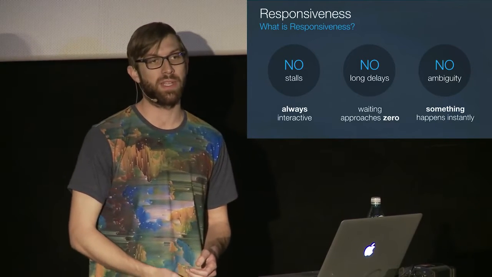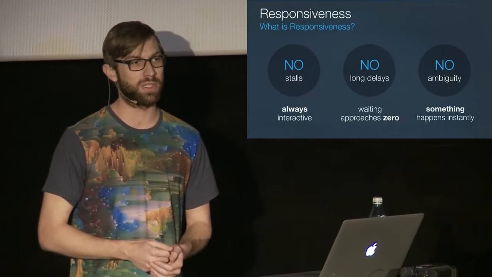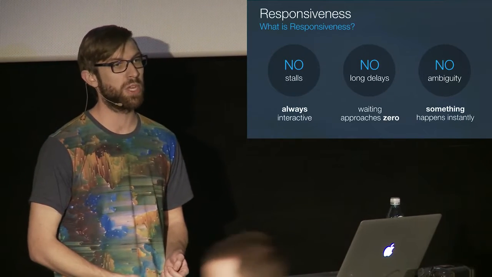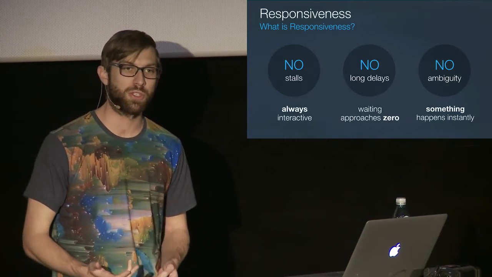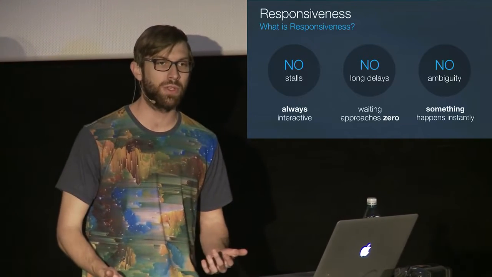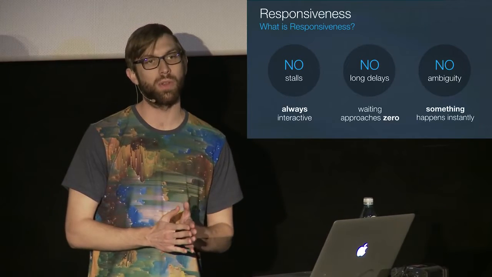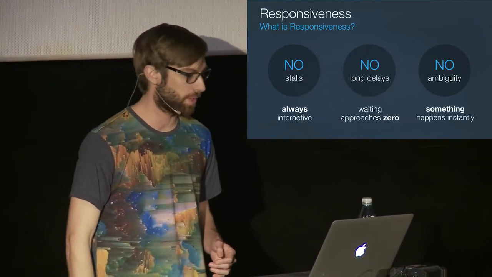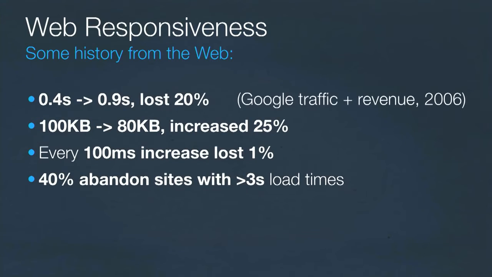Maybe you do tap it again. But even if you don't have enough of a lag for the user to successfully tap a second time, there's this psychological phenomenon of almost a concern or this ambiguity of what's going on. And it's actually a very short window that can cause that thought to pop into people's minds, and it's pretty uncomfortable. So let's look at some of the history here.